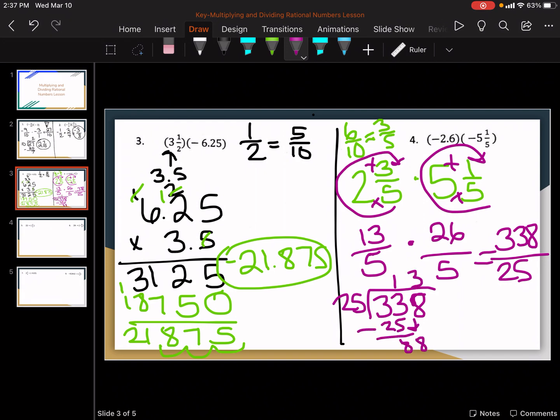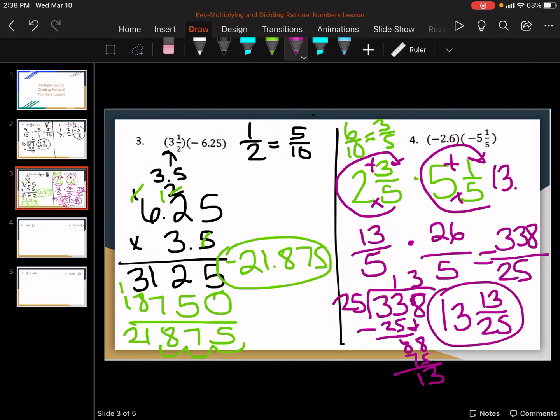Goes in 3 times, 75. 13 left over, and 13 25ths. Okay, and it is positive. Or if you did it as a decimal, it'd be 13.52.